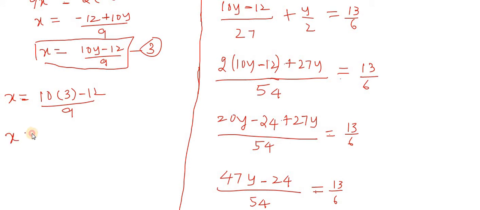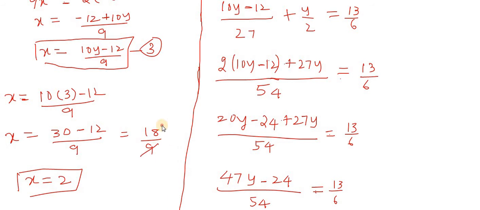So 10 threes are 30 minus 12 divided by 9. 30 minus 12 is nothing but 18, which is equals to 18 divided by 9. So x is equals to 2.